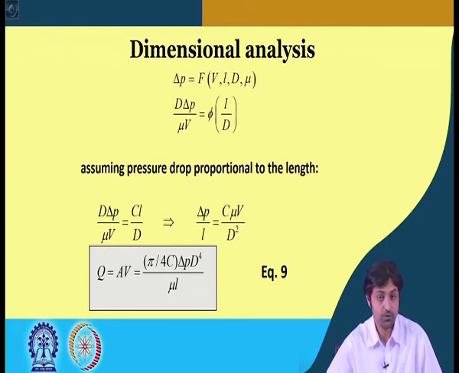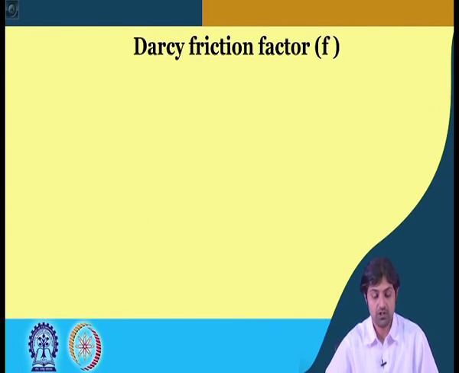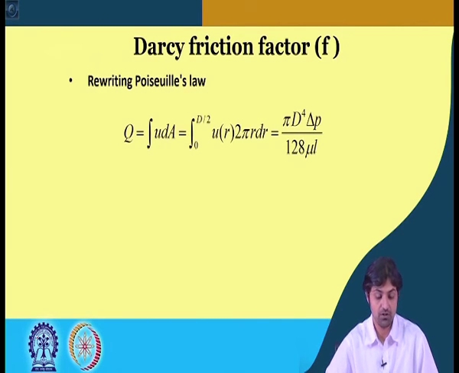We are going to look into something here that is called Darcy's friction factor. If we rewrite Poiseuille's law, it was pi d to the power 4 delta p by 128 mu L, correct?